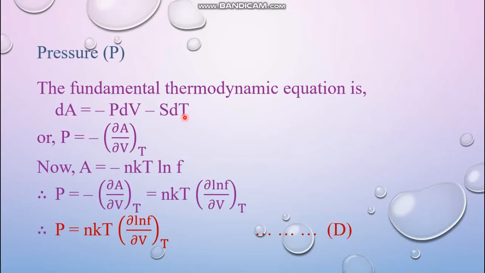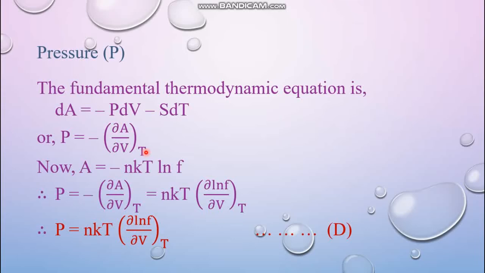If the temperature is made constant, then dT becomes 0 and this part vanishes. So dA equals minus P dV, and then dA by dV becomes minus P. But since it is isothermal, T has to be shown in the suffix of the dA by dV expression, and since T is shown in the suffix, that means it's a partial differentiation. That's why the d terms can be written as del, in simple partial differentiation terms: del A by del V at constant temperature.